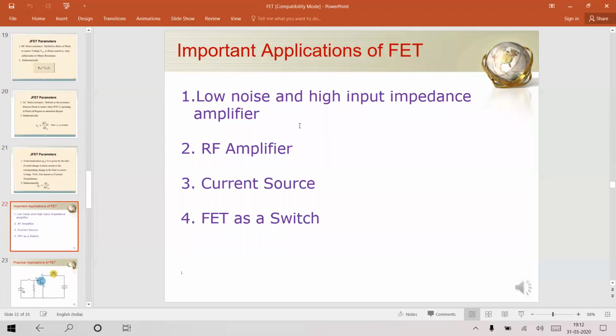Yes, next, coming to applications of this FET: low noise and high input impedance amplifiers. Usually we use FETs. In RF amplifier design also, we prefer FET compared to other devices. This is a perfect current source device, as we saw in the active region how the current remains constant. Right? So FET is a perfect switch actually in most of the ICs that we develop, most computer chips.